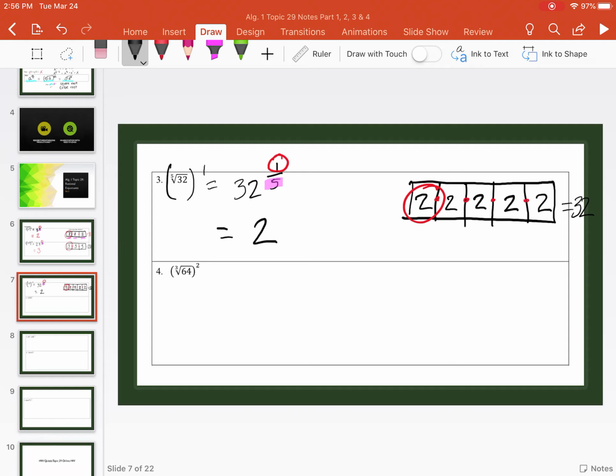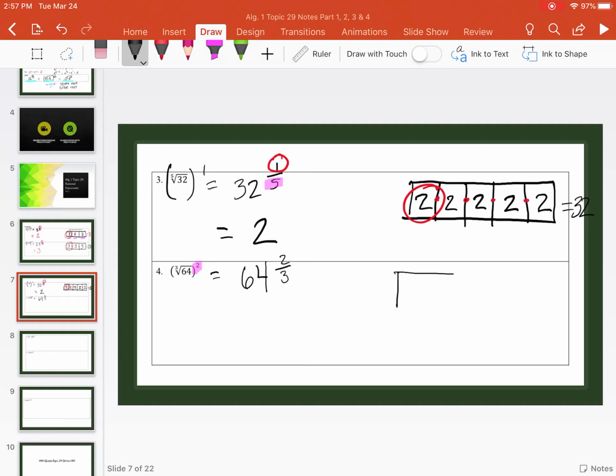Now let's move on to the next example. Here, notice how I can't draw in a 1 as my exponent because I actually have a 2 in its place. So if I want to rewrite this in exponential form, we get 64 to the 2/3.